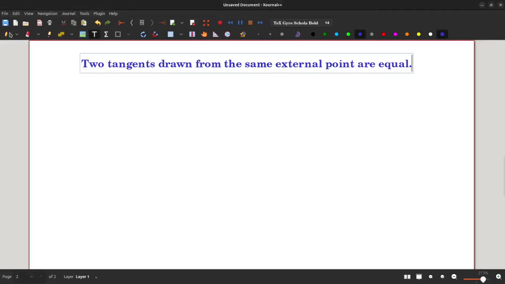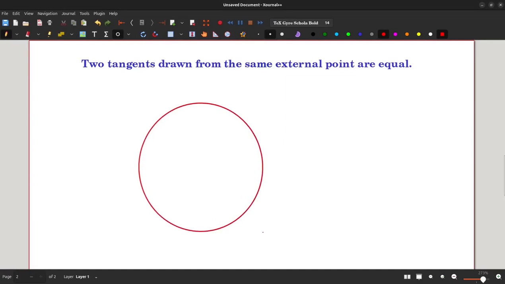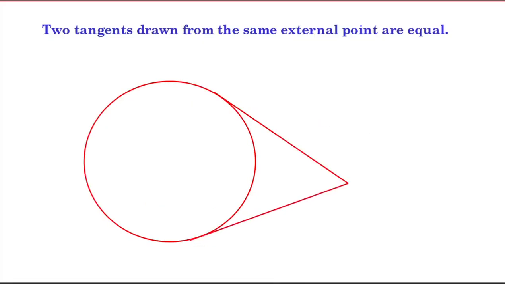Maybe so that this thing can stay in your mind, let's try to put a drawing here. Say that's our circle, and then we have the two tangents, one from here. Now there you go. Most importantly, this is what we call the external point.